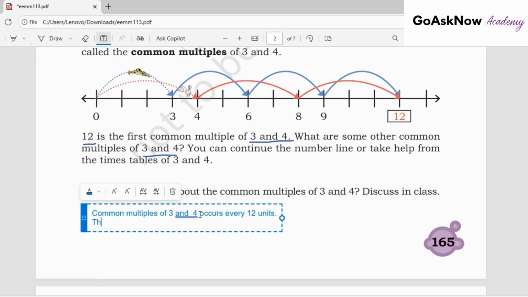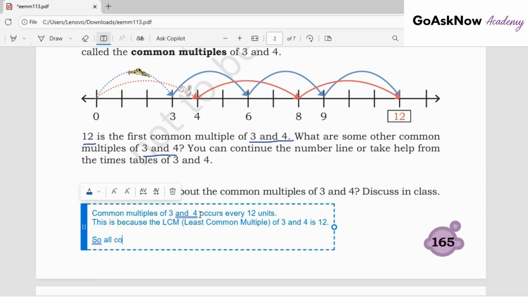This is because the LCM, that is the least common multiple, of 3 and 4 is 12.